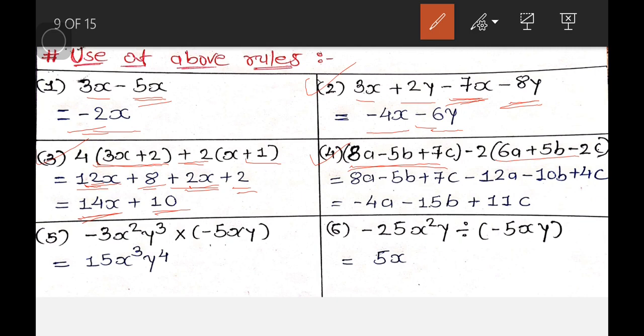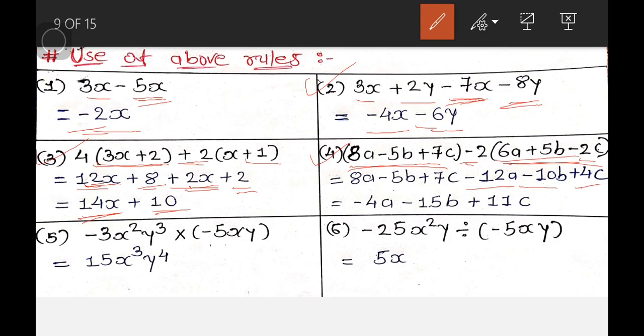Now in the second bracket we multiply by minus 2, so minus 2 multiplied by 6a gives minus 12a. Now minus 2 multiplied by plus 5b gives minus 10b. Now minus 2 multiplied by minus 2c gives plus 4c.